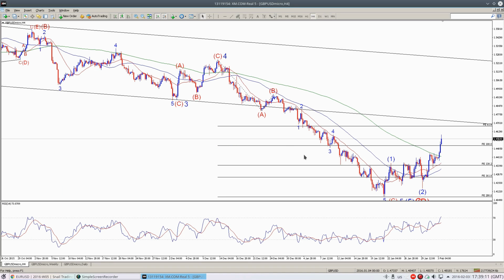On the 4-hour chart, we see how prolonged was this wave C compared to wave A, and that made us be a little concerned about the correctness of the count, but the reaction is very strong and suggests that this count is correct.